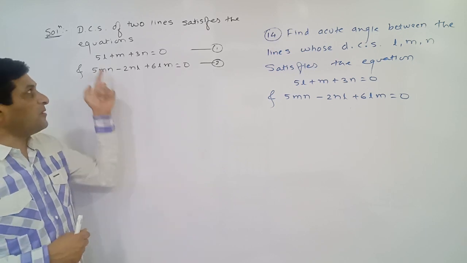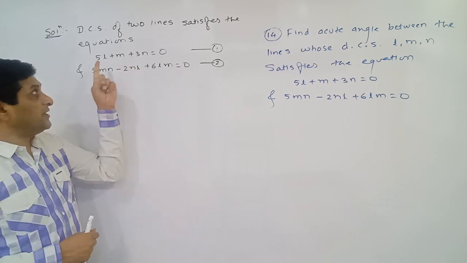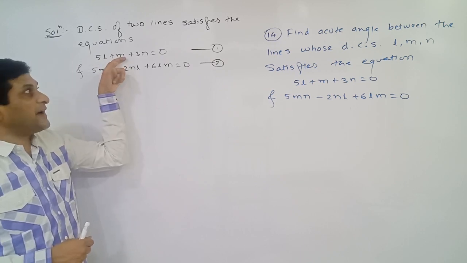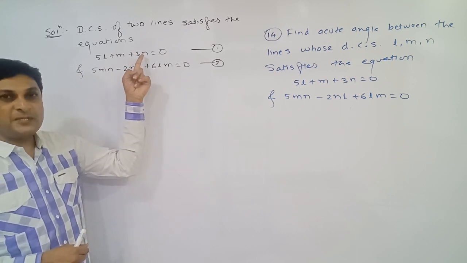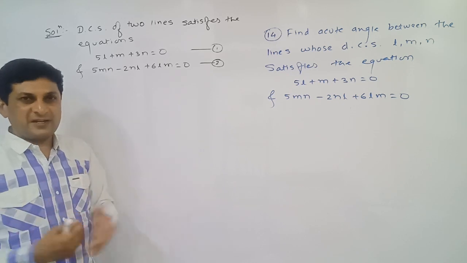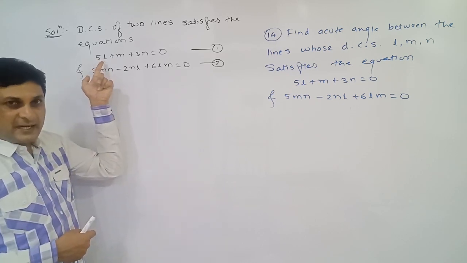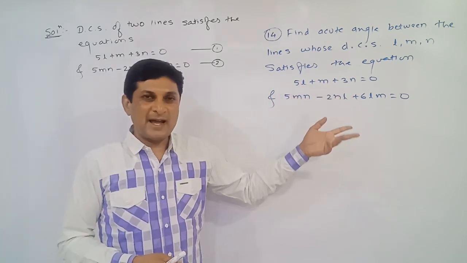Now from equation number first we will have three choices. Either find out the value of L and substitute in the second equation, or find out the value of M and substitute in this equation, or find out the value of N and substitute in the next equation. So we are giving priority here to whatever may be the first letter. Not necessarily always the direction cosines are denoted by LMN.